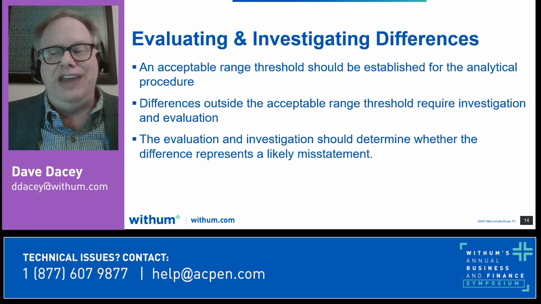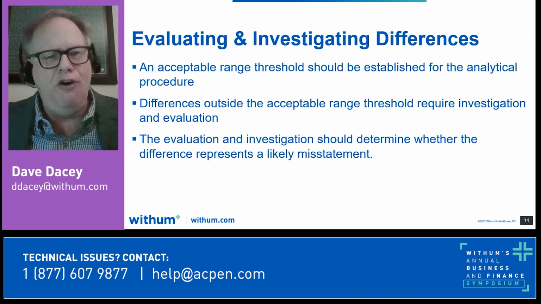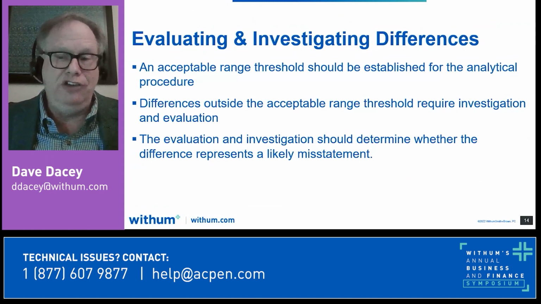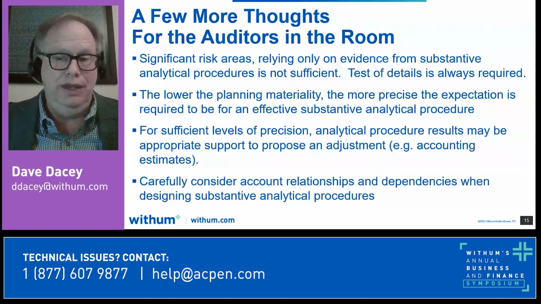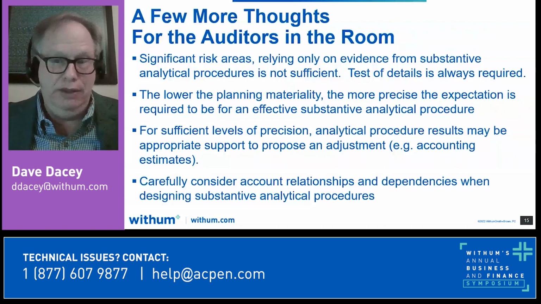If there's a variance outside of expectations that's deemed to require investigation, and you're going to have to define that. Once you define it, what you're going to do is investigate and document the nature of the investigation, the results of the investigation, and your conclusion as to the overall reasonableness of the balance. That's essentially the process.